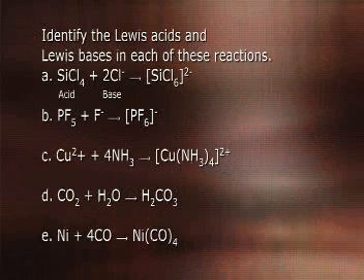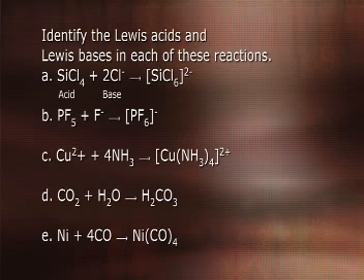For reaction A, silicon tetrachloride is the Lewis acid and chloride ion is the Lewis base. For reaction B, phosphorus pentafluoride is the Lewis acid and fluoride ion is the Lewis base.